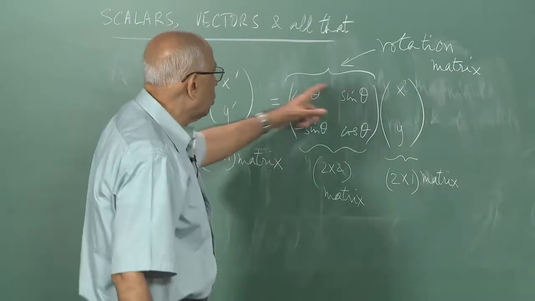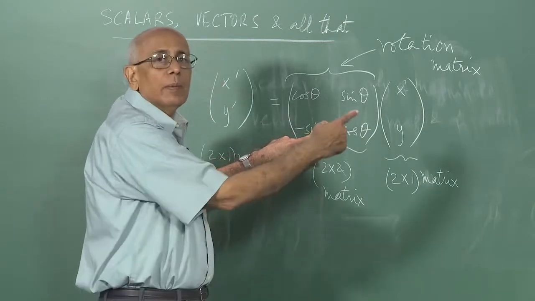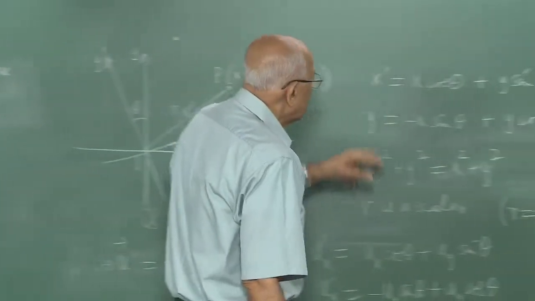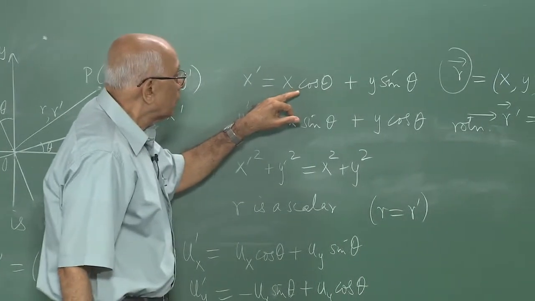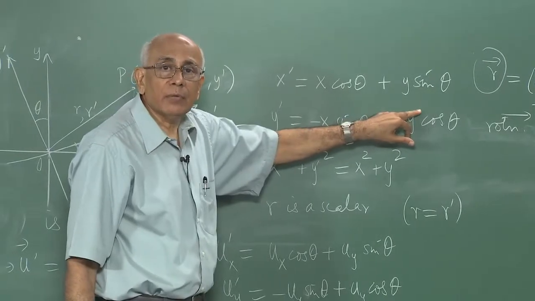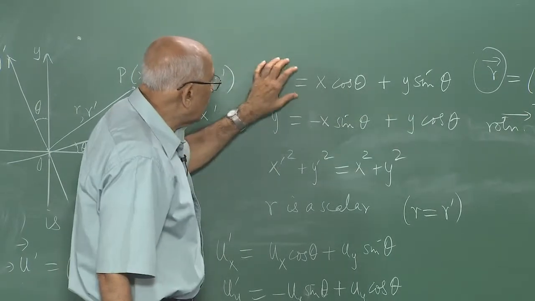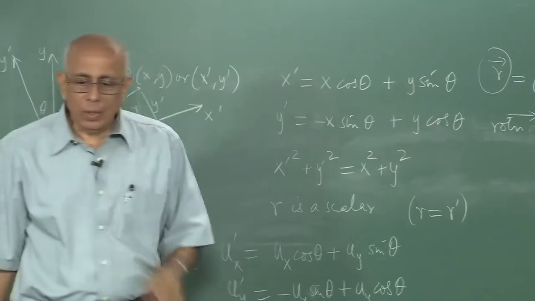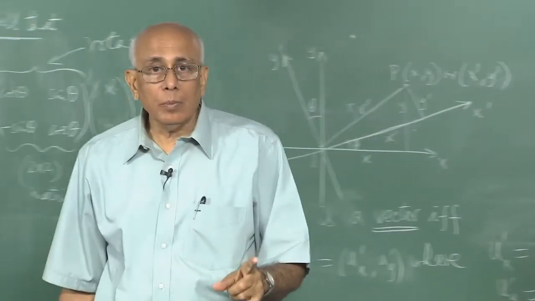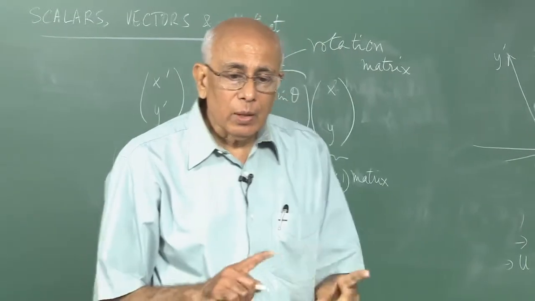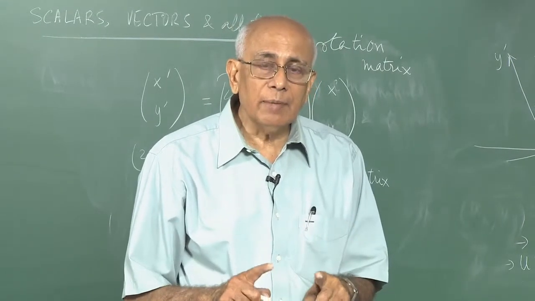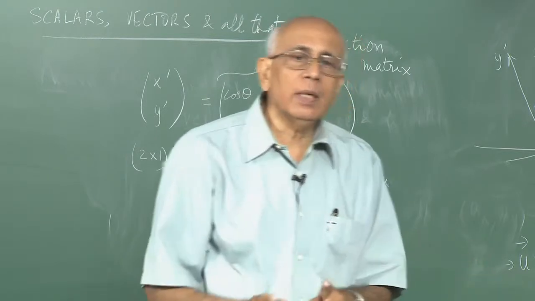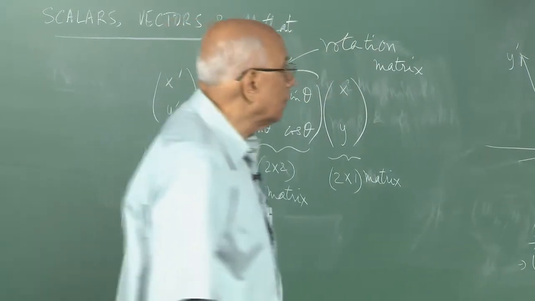This matrix is 2 by 2 because we have 2 dimensions, and what has happened under a rotation is that you have a linear transformation. So each component of the new vector is a linear combination of the components of the old vector, all the components. So the x and y components of the old vector have been mixed up to give the x component of the new vector, and similarly for the y component as well.